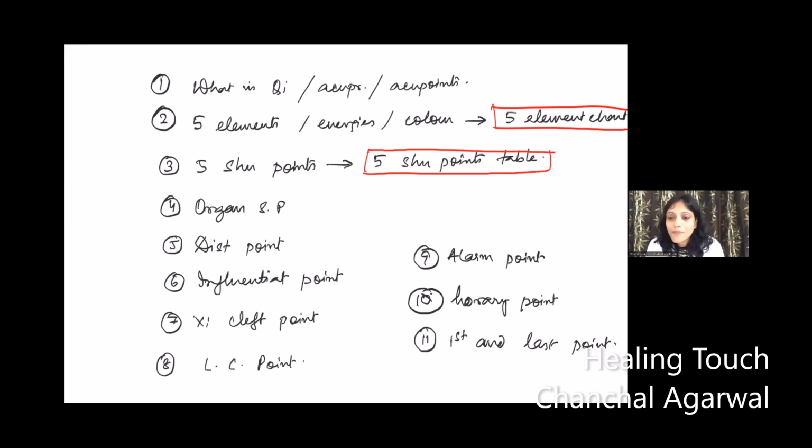Now, from the exam point of view, because we are always interested in exam, this is the 5 element table and this is the 60 command points or 5 shu point table. These are the 2 tables that will help you in understanding what is going to come in exam.